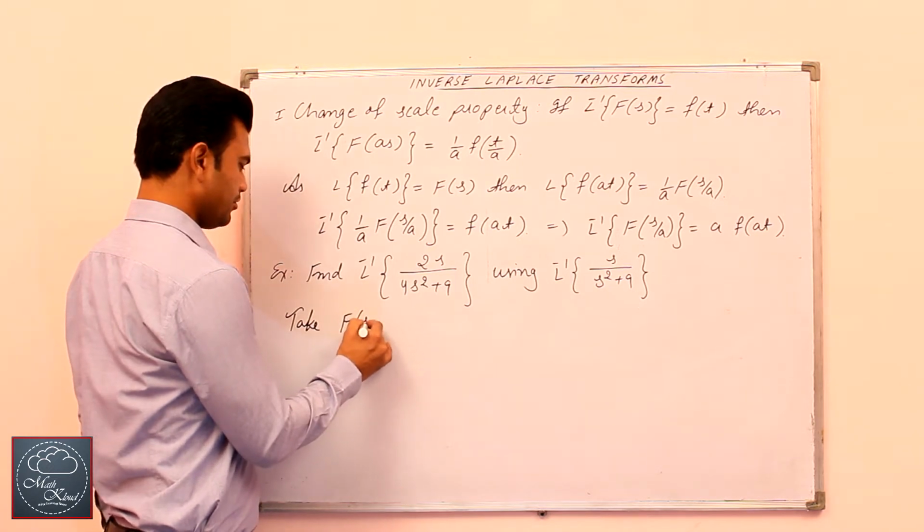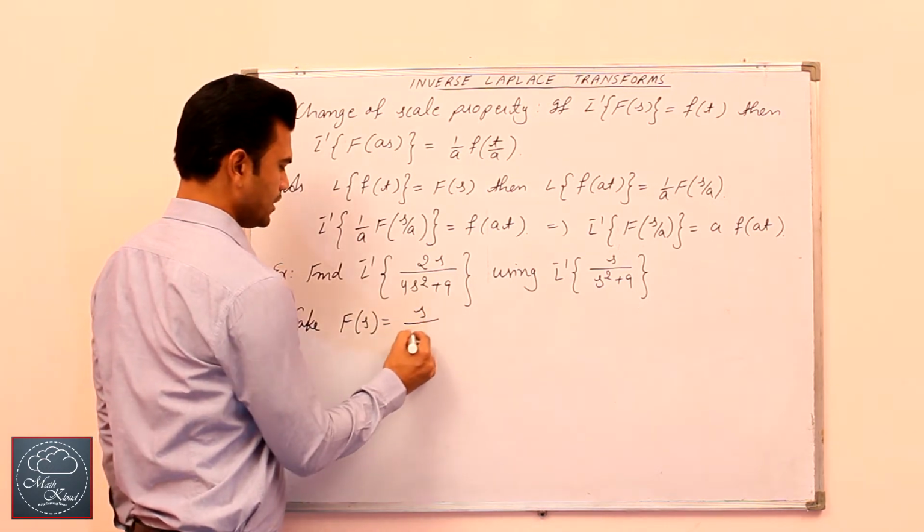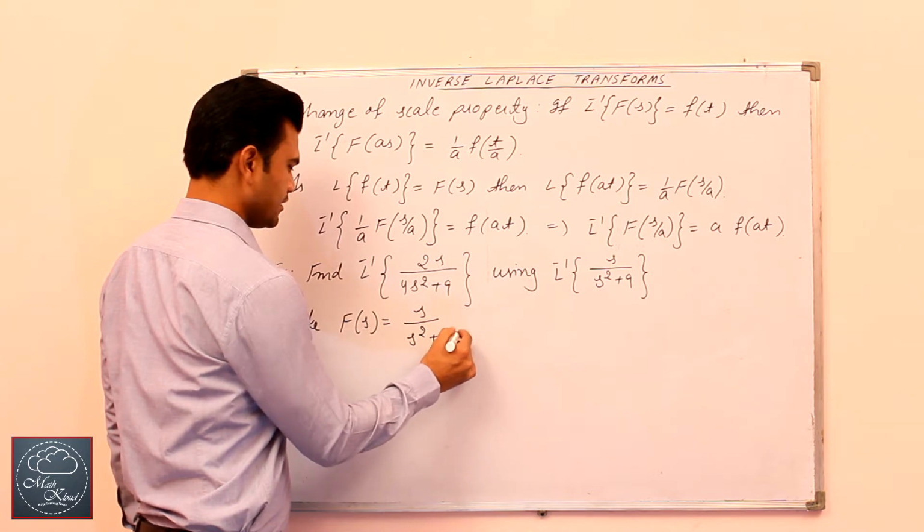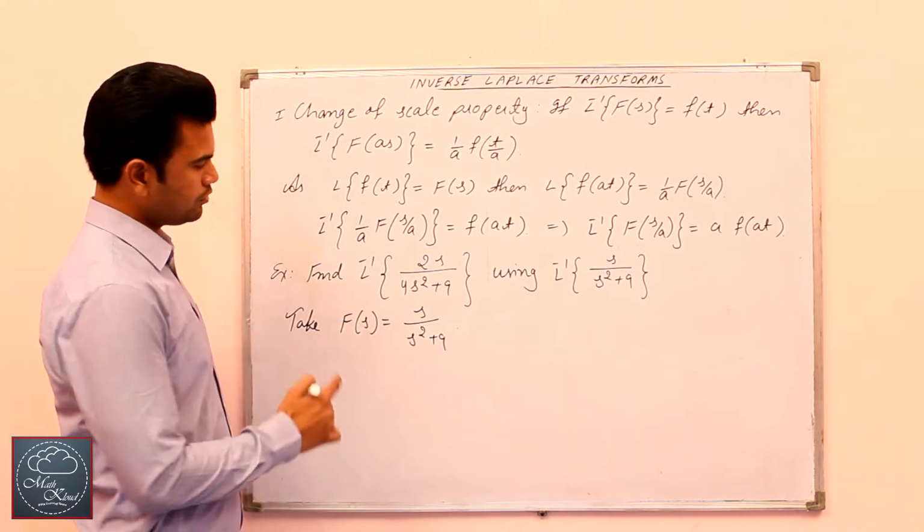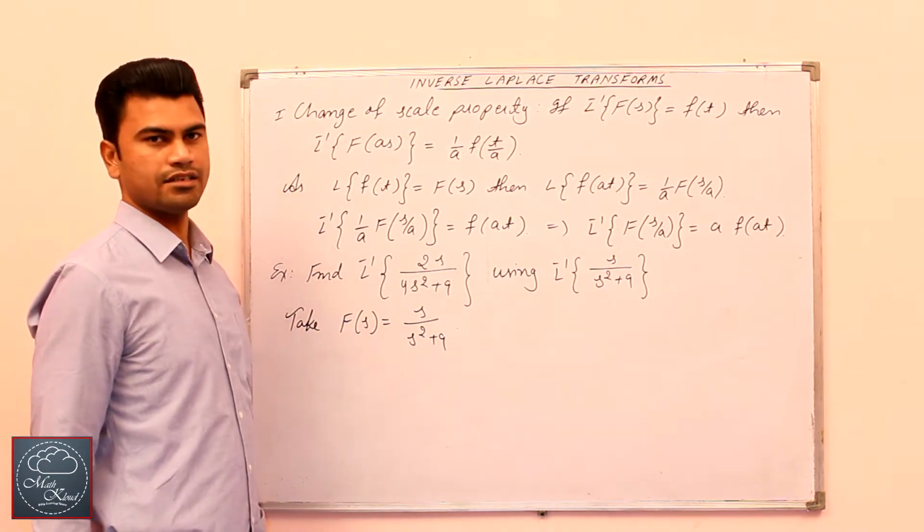So here F(s) is s over s square plus 9, and you know its inverse Laplace transform.